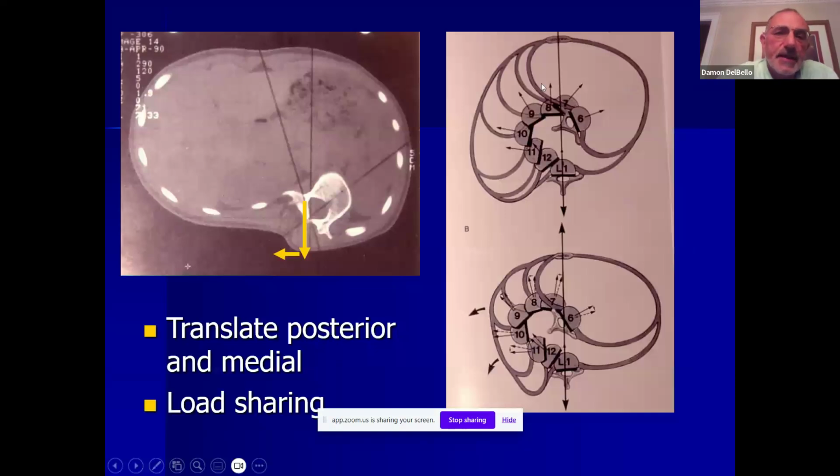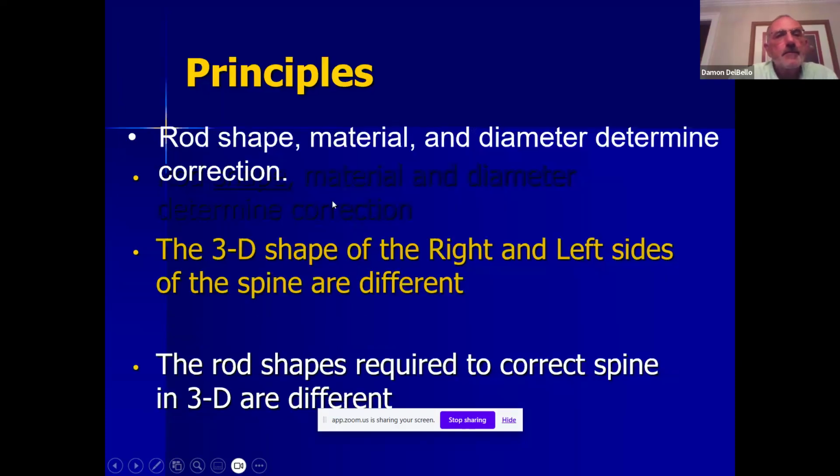Once again, let's go back to the CAT scan. What are we trying to do surgically? Well, we're trying to take this side, this pedicle of the vertebra, and we want to move it posteriorly and move it laterally, and that'll derotate this apical segment. In order to do so, we need to contour our rods.